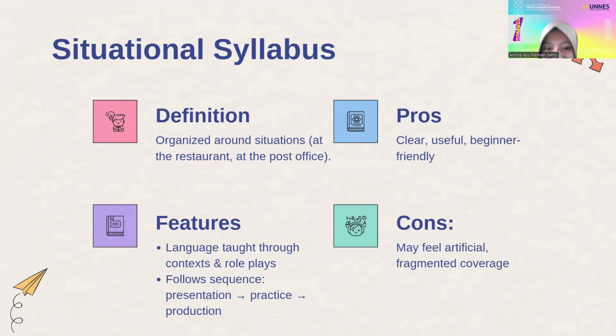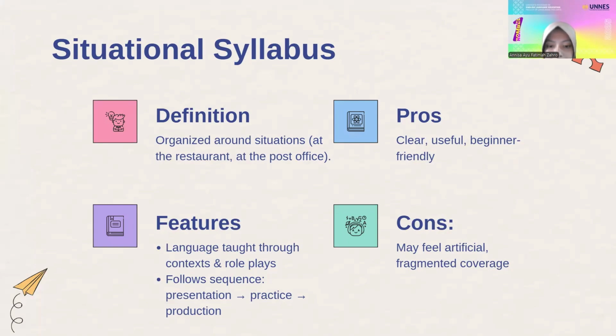The strengths of this approach are that it provides clear, concrete context, making it easier for beginners to understand and use language practically. It's also teacher-friendly and helps students learn useful expressions for daily situations. However, the weakness is that it can become too mechanical, focusing too much on memorizing phrases.